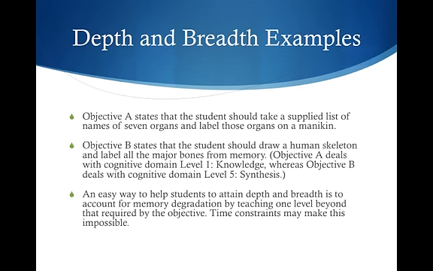The difference between them: Objective A, students should take a supplied list of names of 7 organs and label those organs on a mannequin. Objective B, the student should draw a human skeleton and label all the major bones from memory. So this is synthesis, and this is knowledge. You've already given them the list.